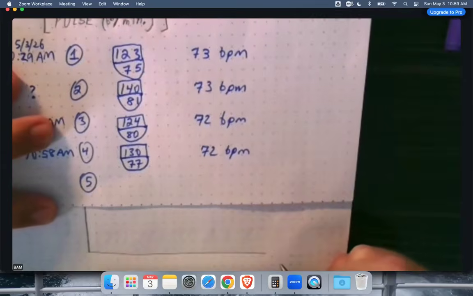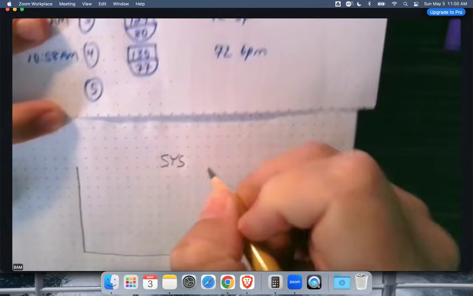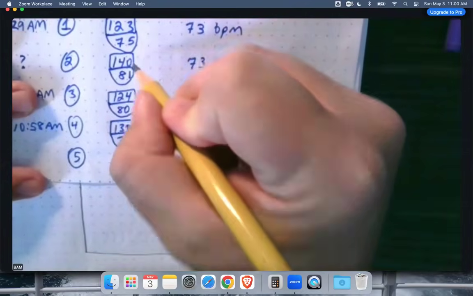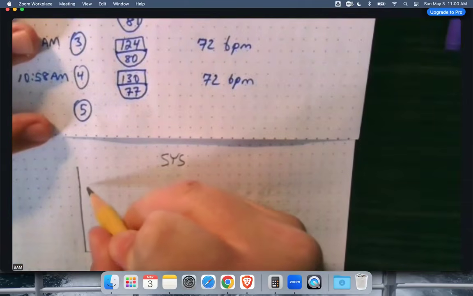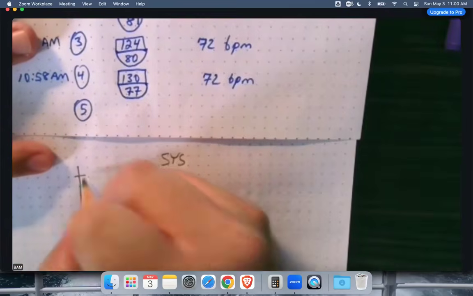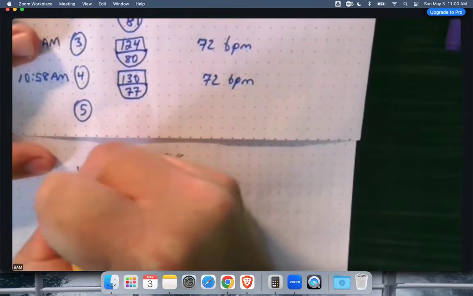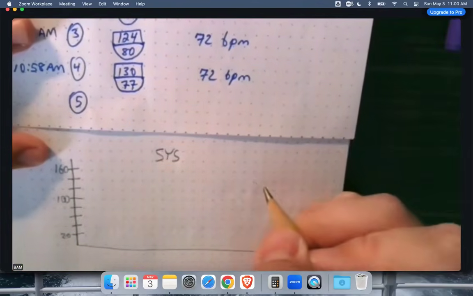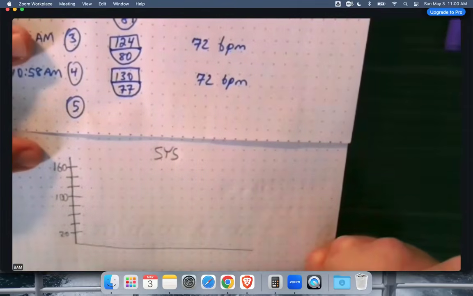All right. So let's say I want systolic. My highest is 140. I've got about 1, 2, 3, 4, 5, 6, 7, 8, 9. So I can make them be in 20s. That's 160 right there. Now, what do I put over here?